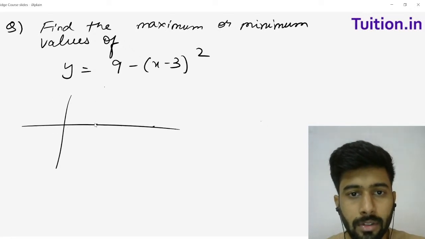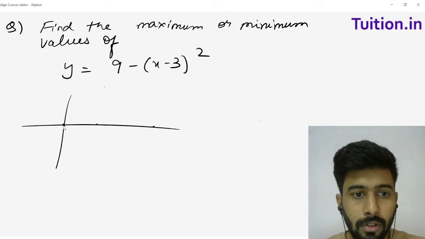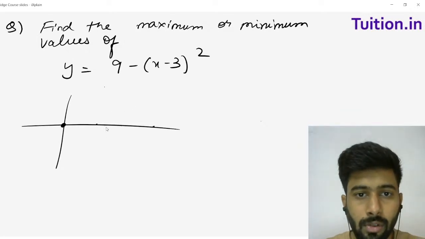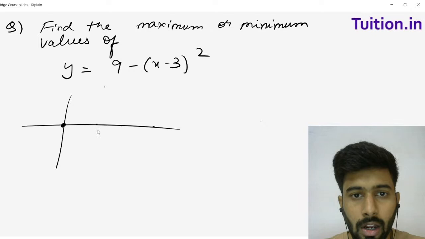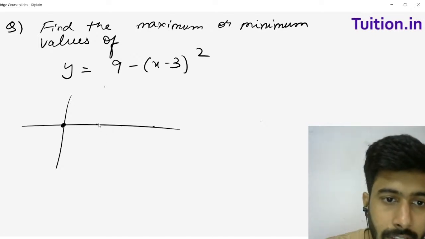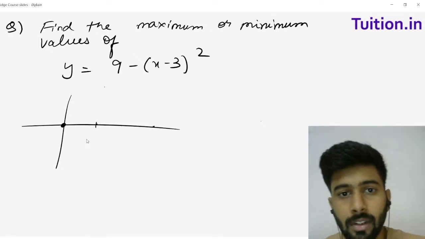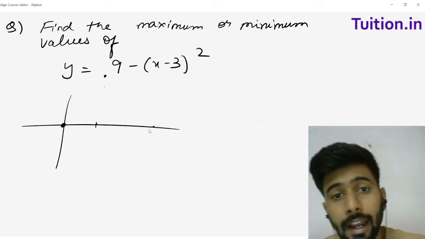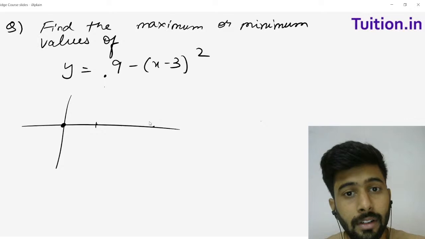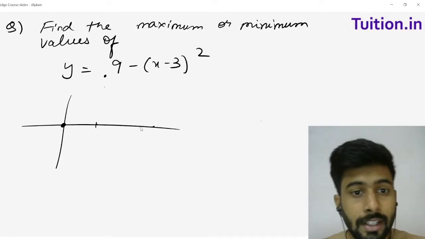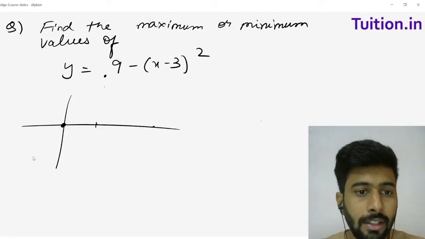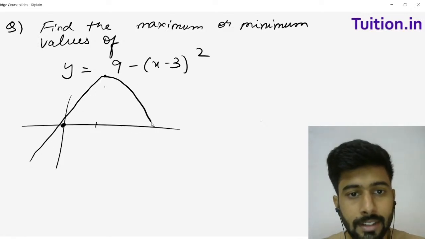At x equal to 0, output will be 0. At x equal to 3, it will be maximum, your output will be 9. At x equal to 6, your output will be 0 again. So the graph will look something like this.